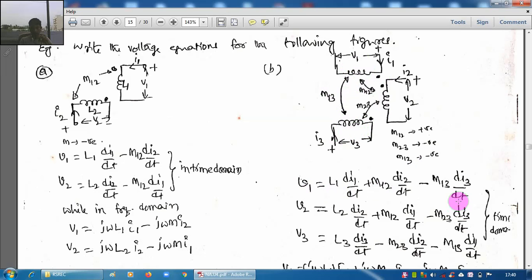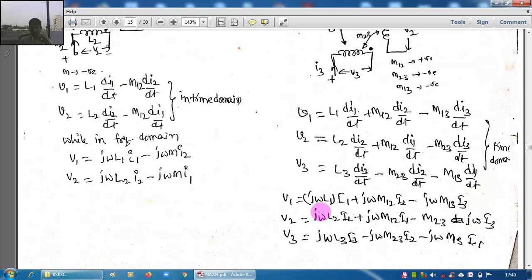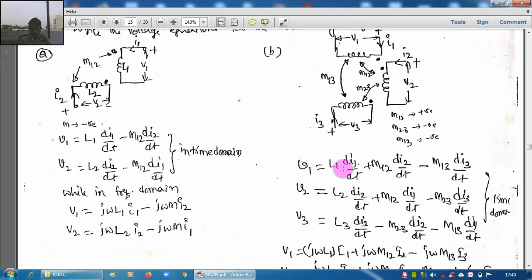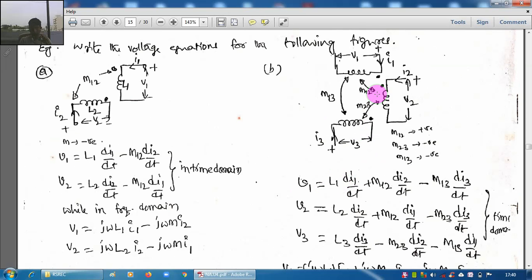So the total equation is this, the first equation. V1 equal to self EMF, written as L1 di1 by dt in time domain. The same thing in frequency domain, you see I1 into j omega L1. This term in time domain is written like this, and here in frequency domain. So like that, first self EMF and mutual EMF due to M12.